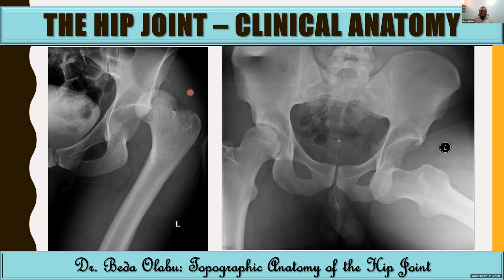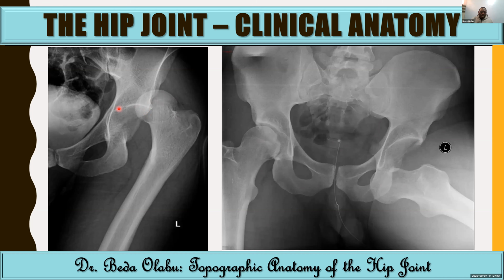What is wrong about this hip joint and what is wrong about this hip joint? Think about it before I tell you. Okay, so I hope you've checked and seen that there's some dislocation. The head of femur is not in the acetabular socket.